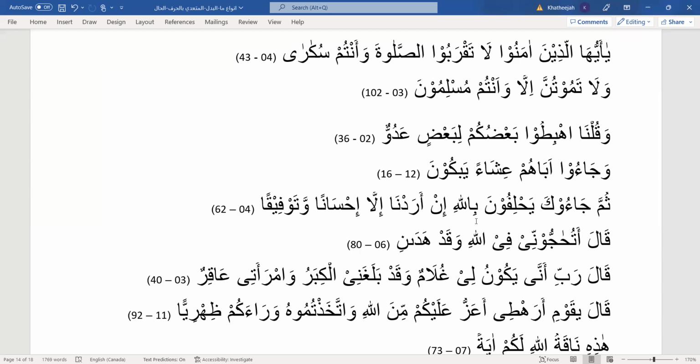So these are the two examples when a jumla fi'liya is used, and the fail inside the sentence is al-fail al-mudari, but it could be al-fail al-madi also. So in the next example, we will learn what will happen if it is al-fail al-madi.